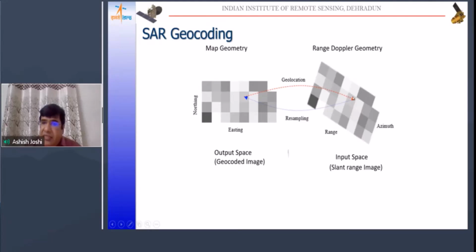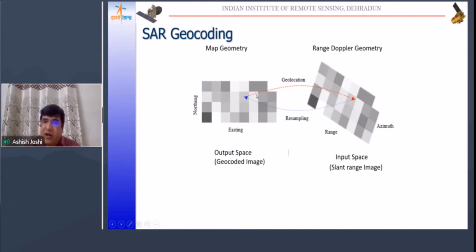We will extract the IJ, from where in the image it is coming. So that IJ value we will find out, and using resampling we put it back into this pixel value. So in this way we are doing the geocoding part. That means for a particular lat long we are finding the IJ, and for that IJ the DN value, we are filling that DN value here.